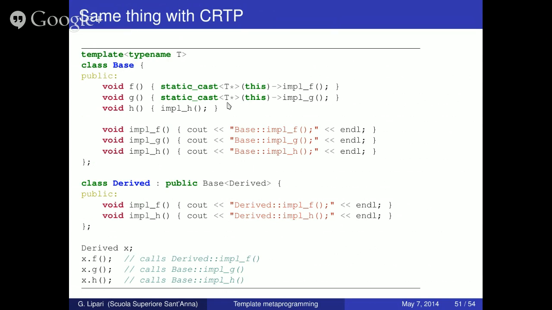The same for g: first a static cast of this to T star, and then implementation g is called. And finally, h just calls implementation h.